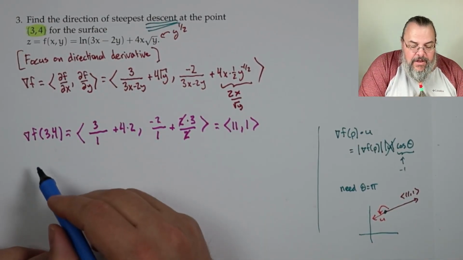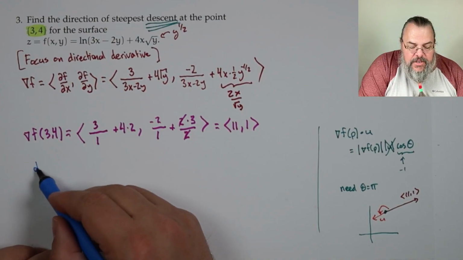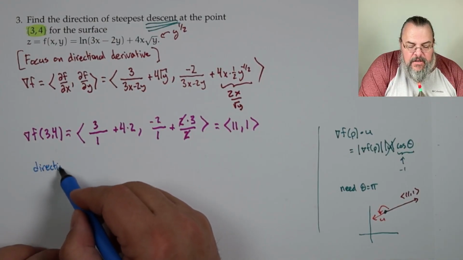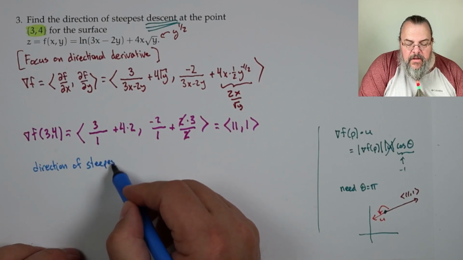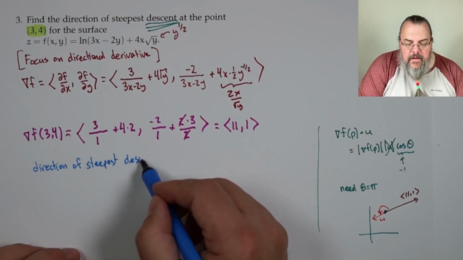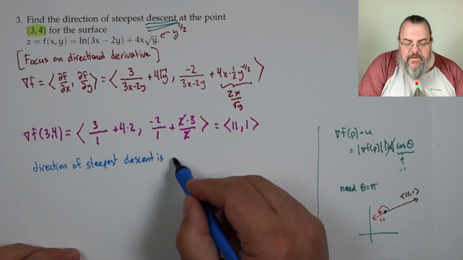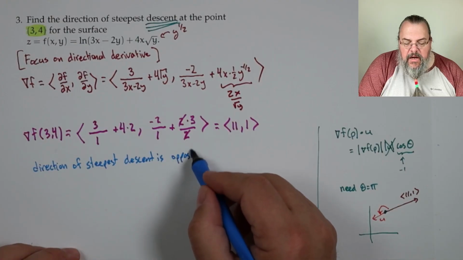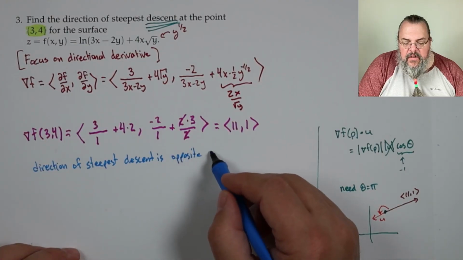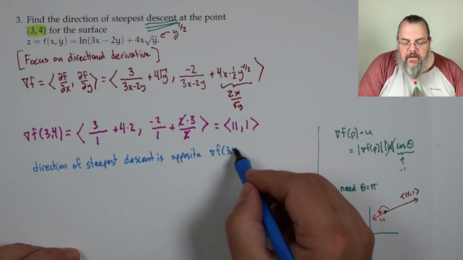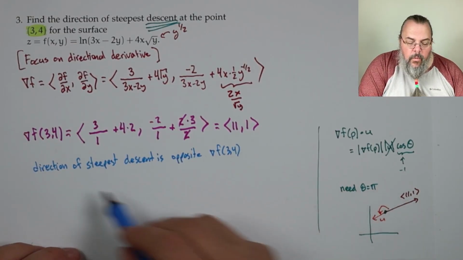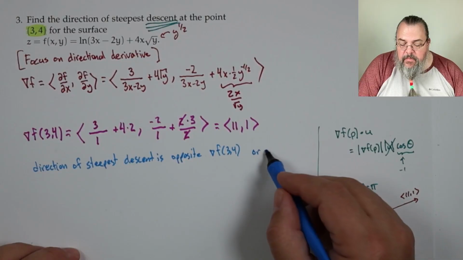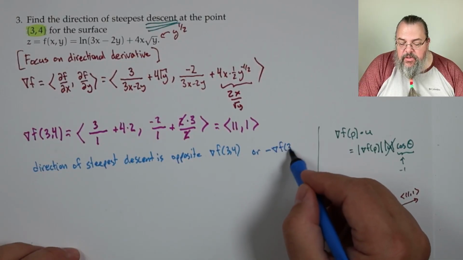So we say, okay, the direction of steepest descent is opposite the gradient. Now, when we say opposite the gradient, what does that mean? Or, if you like, that's minus the gradient at 3, 4.